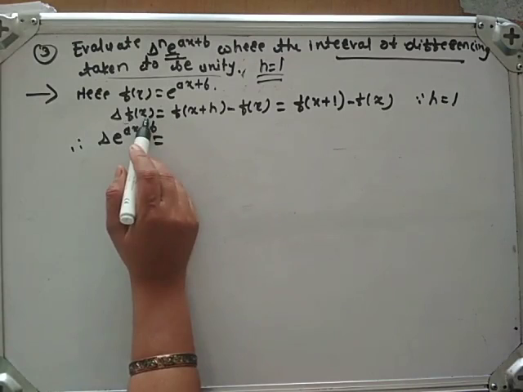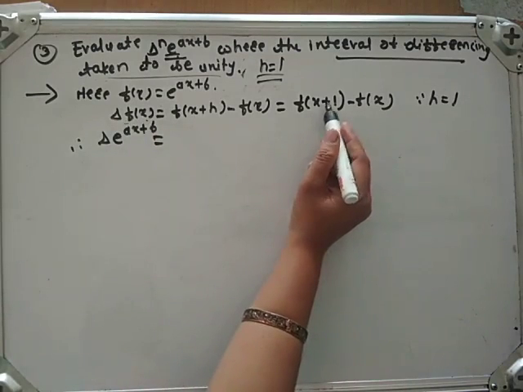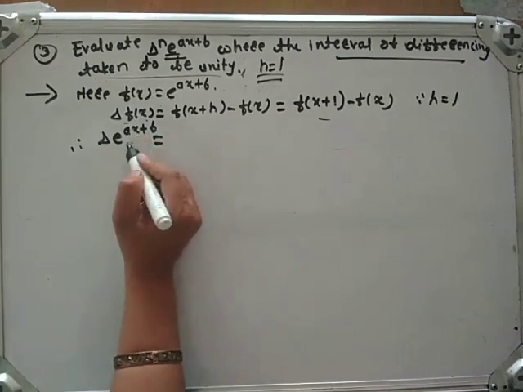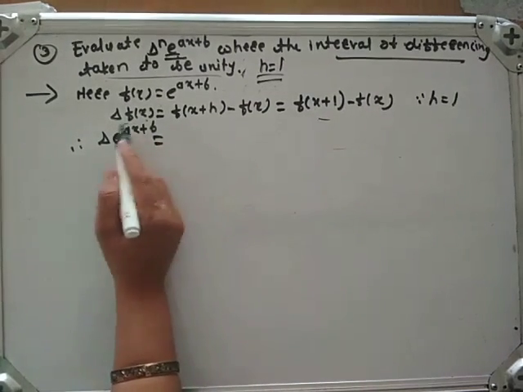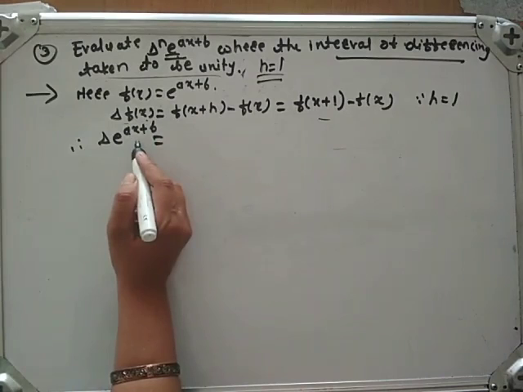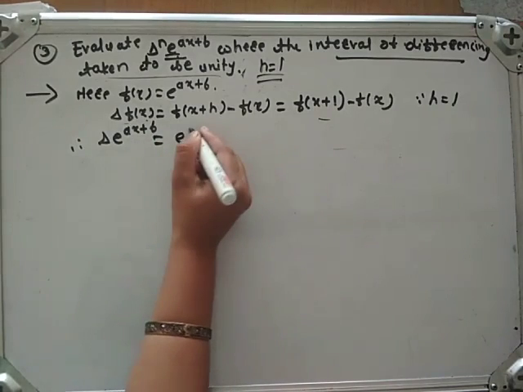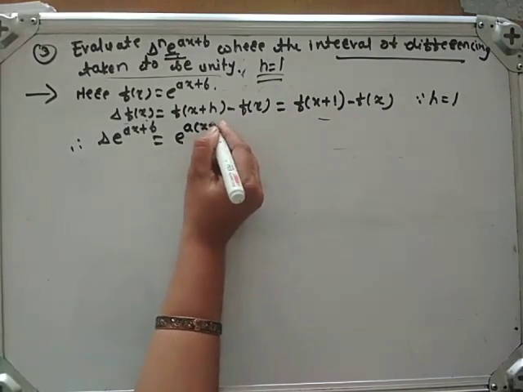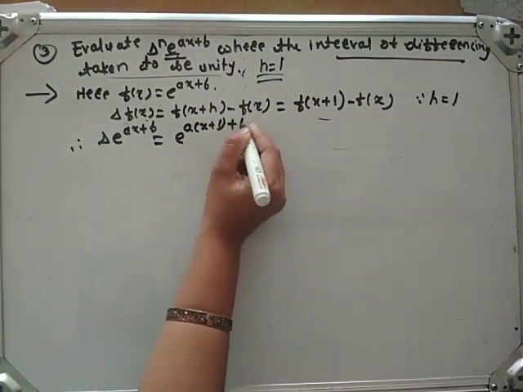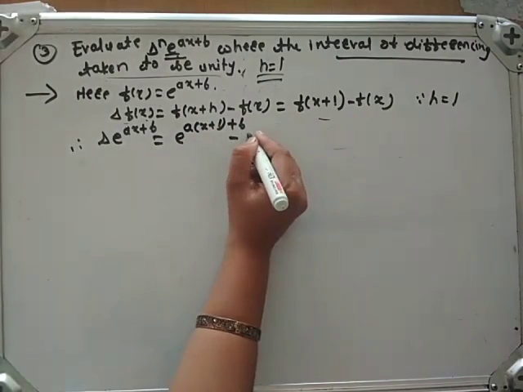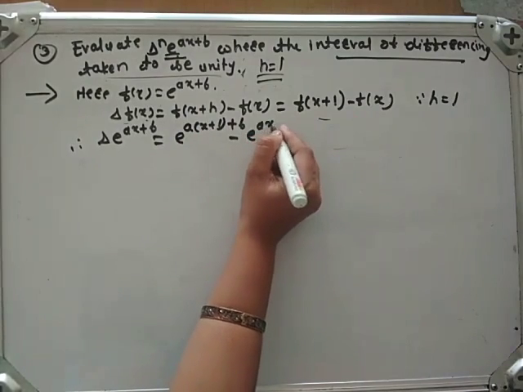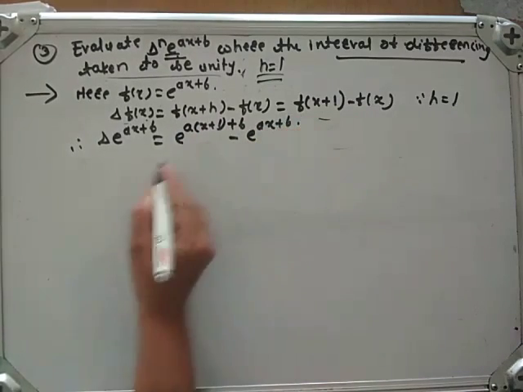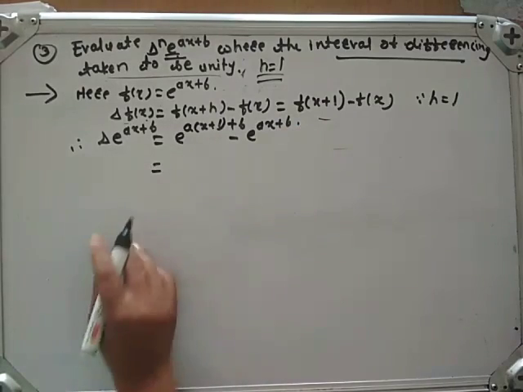Delta of f of x is f of x plus 1. So here replacing x by x plus 1, we get e raised to a into (x plus 1) plus b minus e raised to ax plus b.